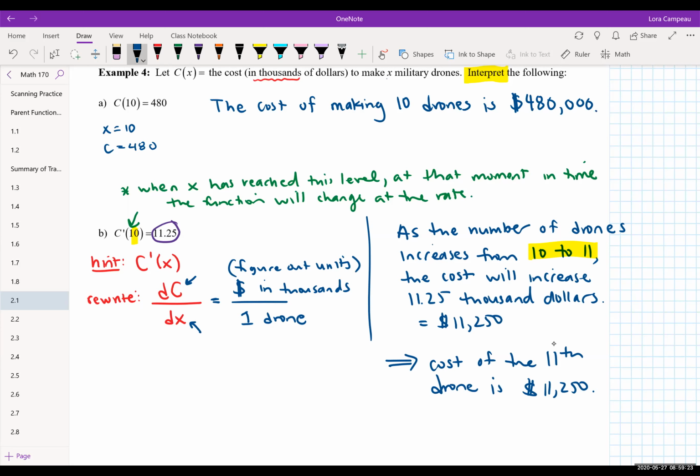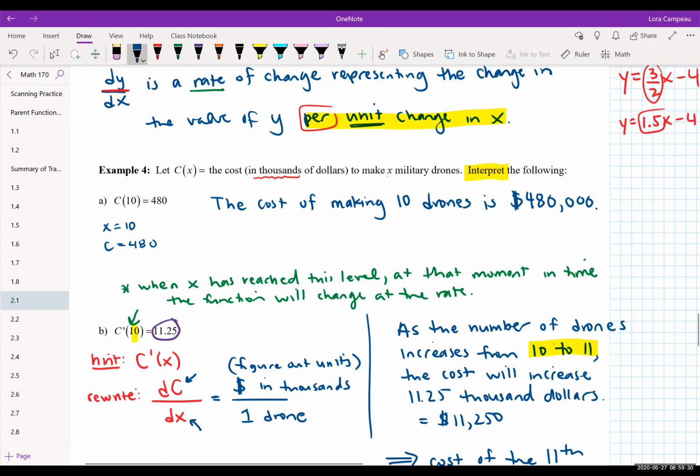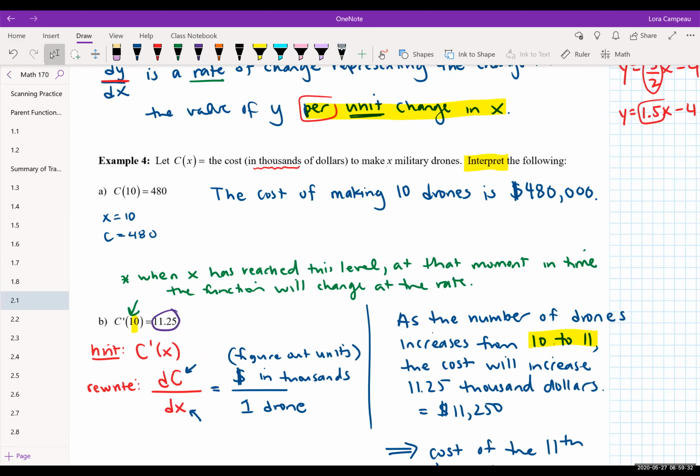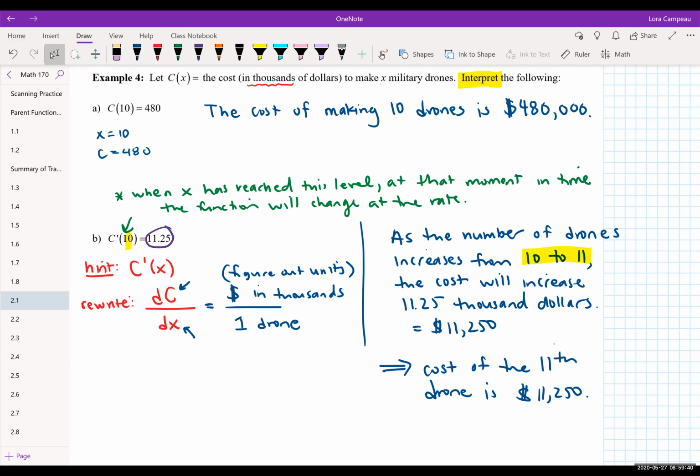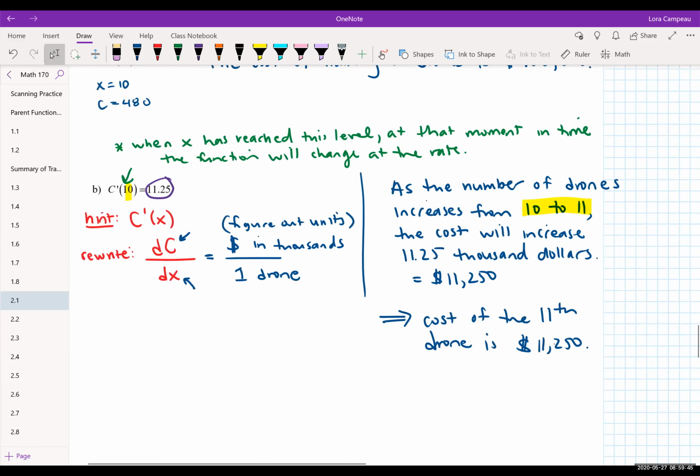So just kind of look into that. Sometimes it's not obvious right away, but remember, we're always talking about per unit change in whatever the X is, or whatever we're referring to in the, I'll say, the denominator of that Leibniz notation. We call it denominator. I know it's not really, but it works out that way. We'll leave it at that.